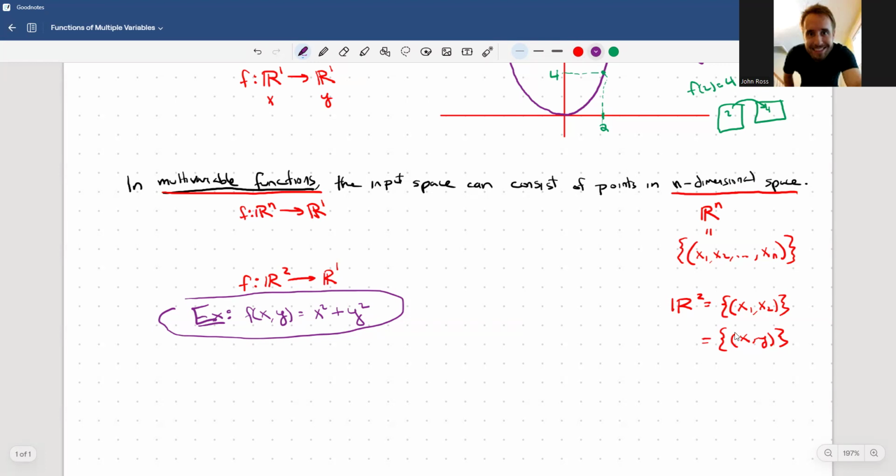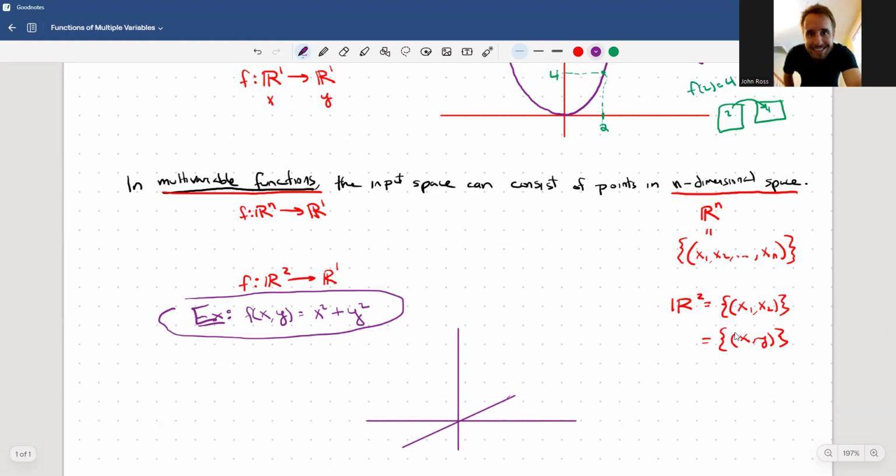So here I have a 2-dimensional input and a 1-dimensional output. I can create a graph, but I will need 3 dimensions to graph it. And so we'll give this a try right now. I'm going to need to draw for this multivariable function a picture in 3-dimensional space. And so I'm going to have a picture that looks roughly like this.